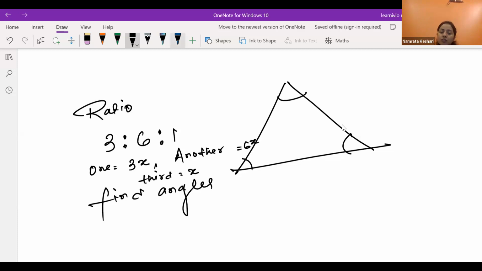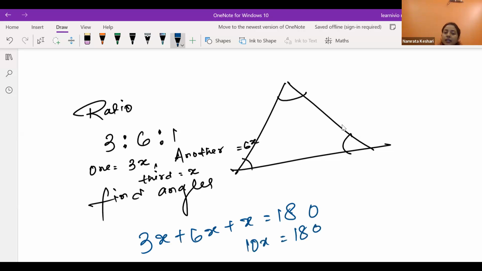So we add 3x plus 6x plus x is equal to 180. Can you see we are able to find the value of x? 10x is equal to 180, so we get the x value. Once we have this x value, we can say what the first angle, the second and the third angle are.